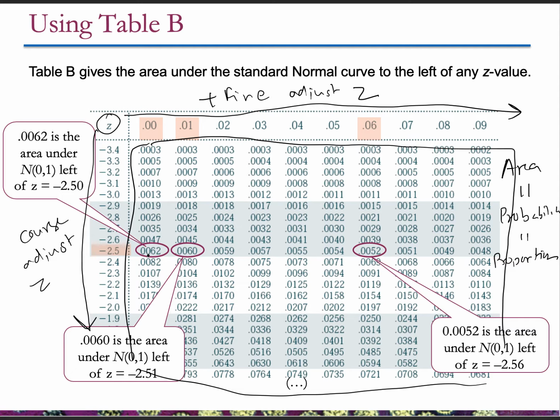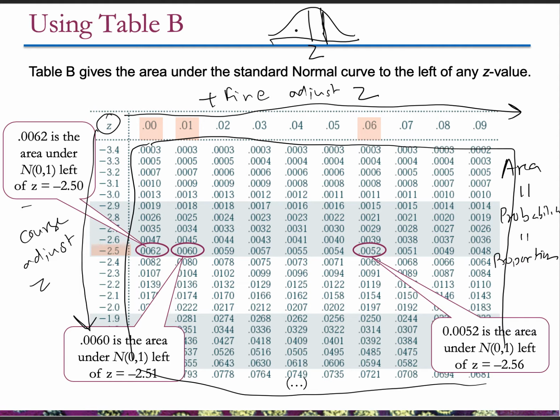So what does this number represent? 0.0062 represents z of negative 2.50, because it's on the 0th fine adjustment with z of negative 2.5. 0.0062 is the area under the z distribution N(0,1) left of z. Remember that this table is always going to give you the area left of the corresponding z value.